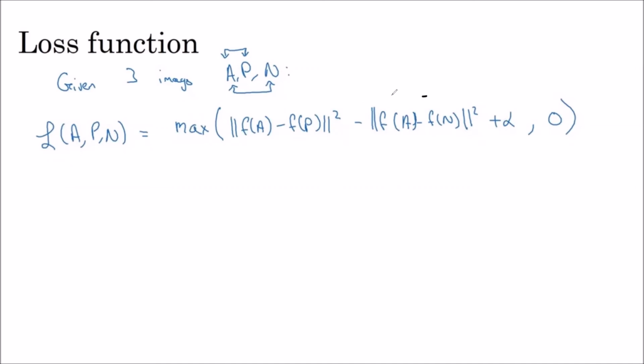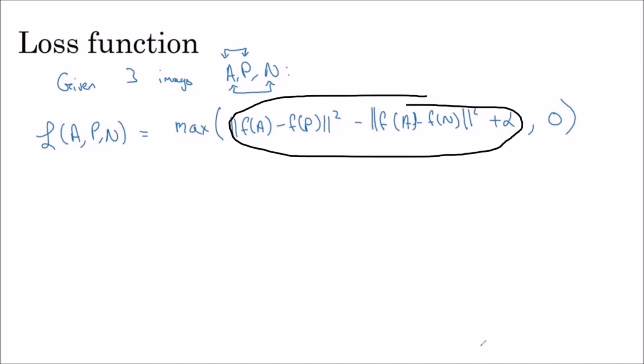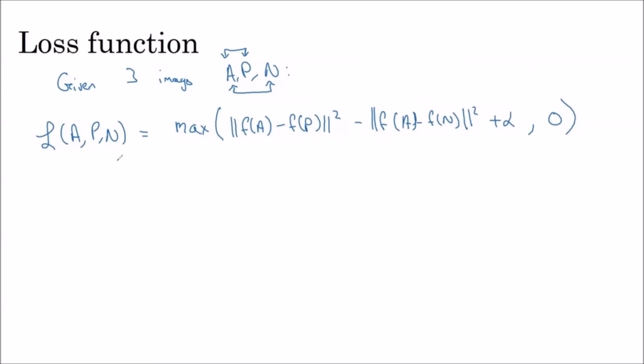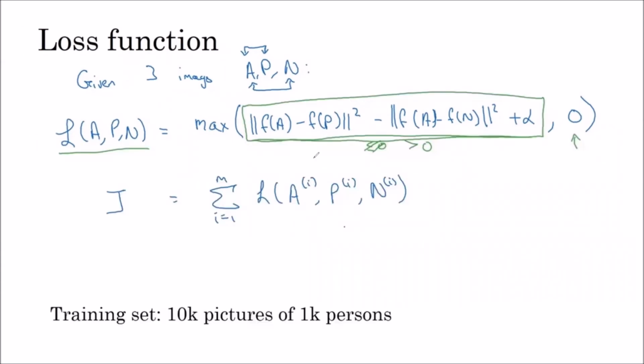Suppose this value is negative, less than 0, then the maximum of less than 0 comma 0 is 0. So if this expression is negative, the loss will be 0. If this expression is positive, that value will be given as the loss. This is the loss function just for one training sample.